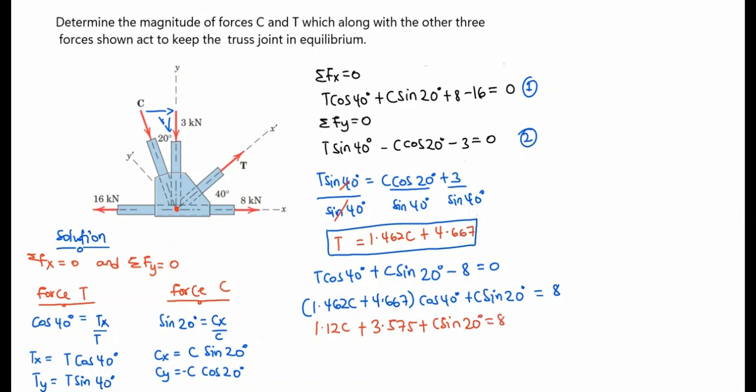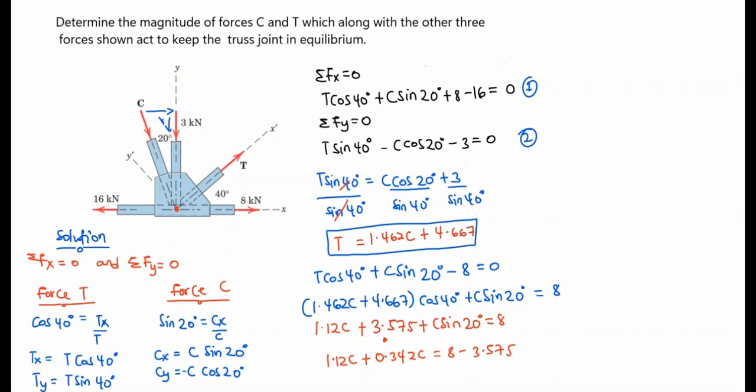Let's take this value to the right hand side. So I have 1.12C plus C sine of 20. Sine of 20 degrees is 0.342, so plus 0.342C, equal to 8 minus 3.575.